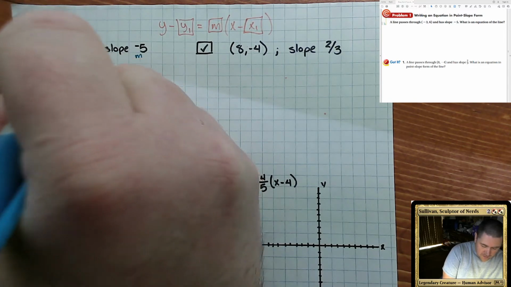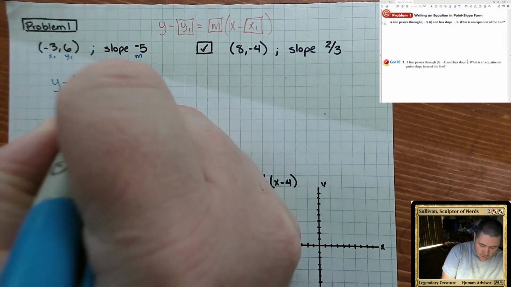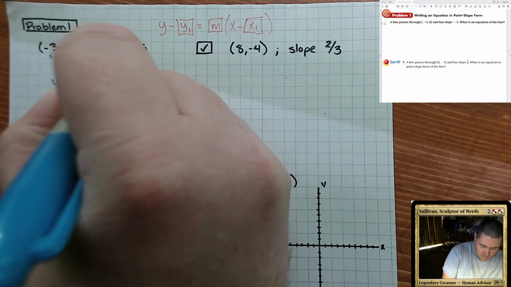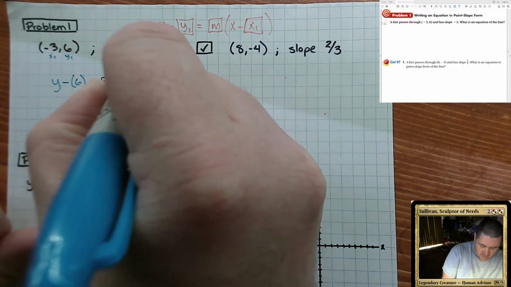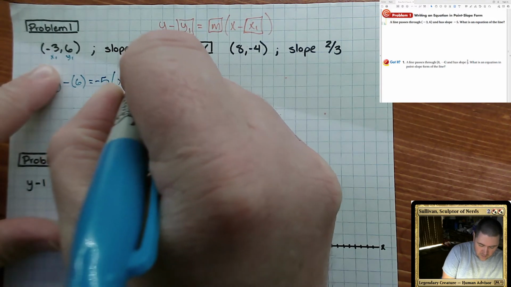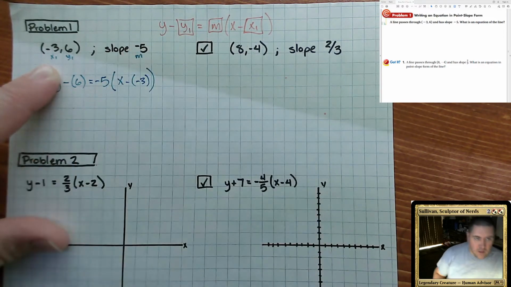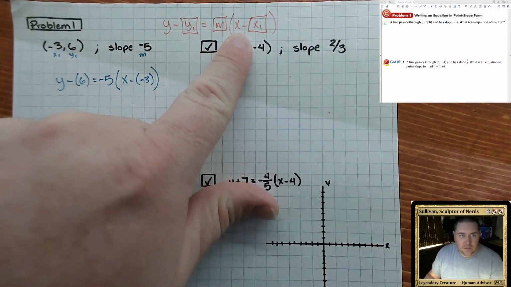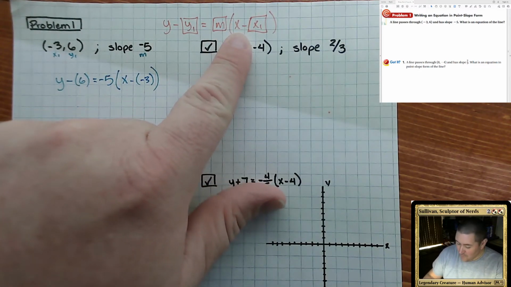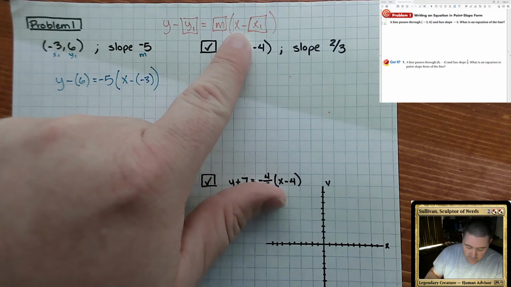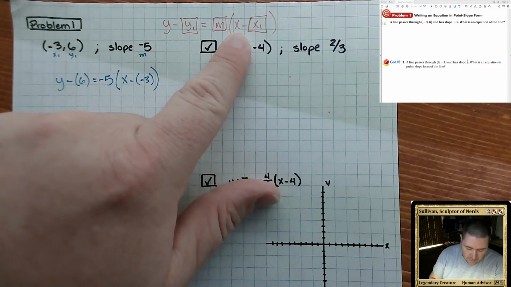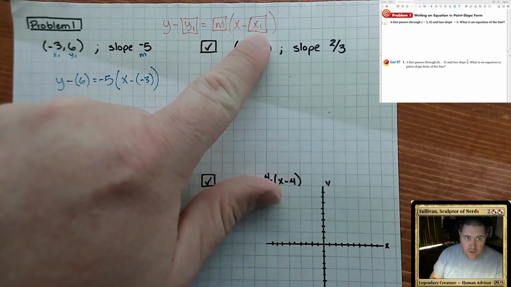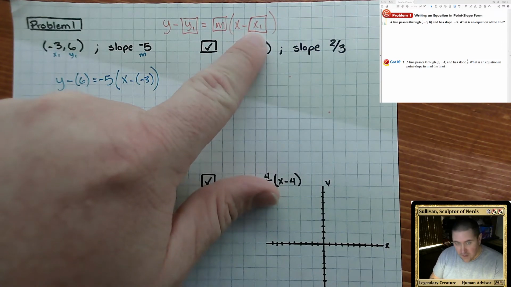y minus y1 equals m, x minus x sub 1. Now you see I'm using parentheses there. That's because this is something you'll get a lot more the further you go in math, particularly in Algebra 2. We call it bass-backwards land. The sign is always going to be opposite of what the actual coordinate is because you're subtracting it.